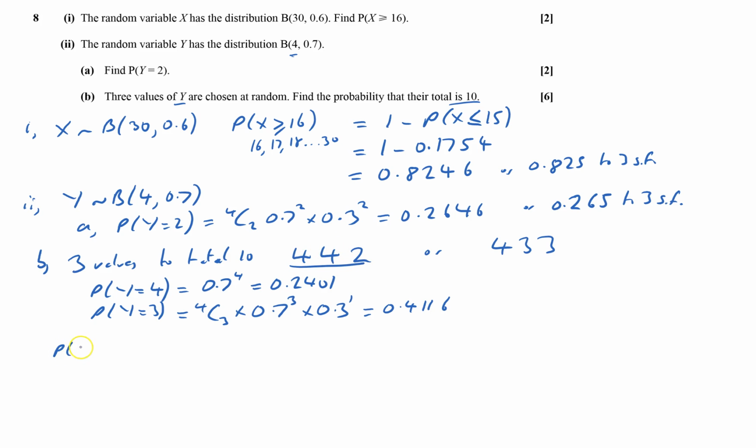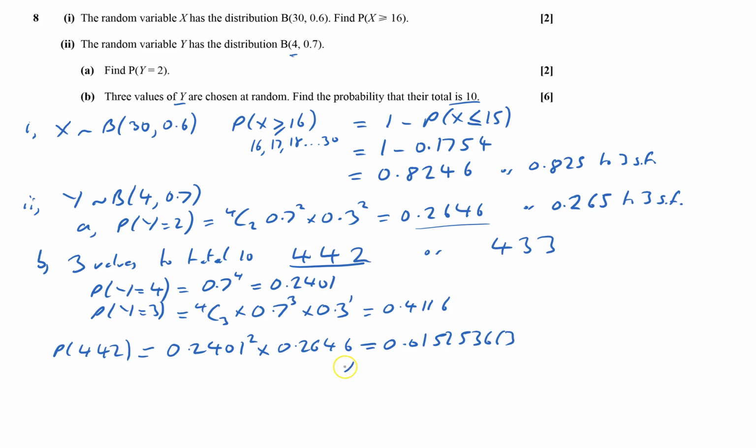So we could get 4, 4, 2. So the probability of 4, 4, 2, but actually I could get 4, 2, 4 or 2, 4, 4, so I'm going to have to work this out and then times it by 3. So that equals the probability of 4, which is 0.2401, squared, times the probability of 2 I worked out here, 0.2646, and that equals 0.015253663.